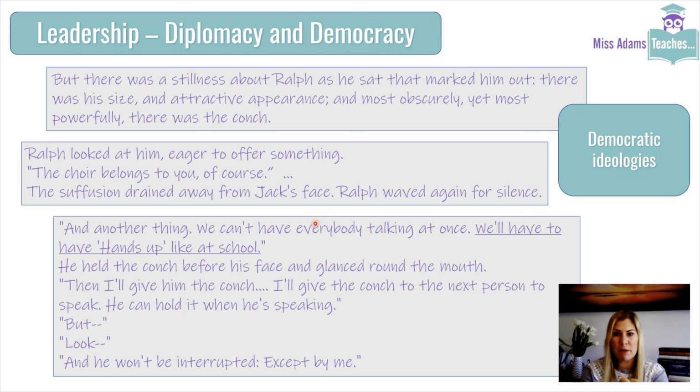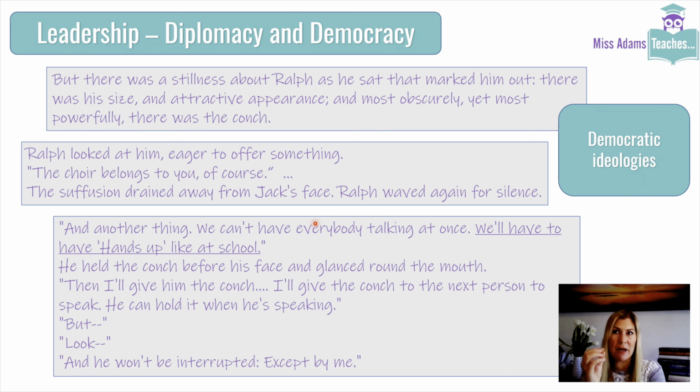Further kind of democratic ideologies being mirrored in the boys' behaviour is the way that they consider how they will speak. So we start off Ralph drawing upon what he knows, which is school. So we'll have hands up like at school. But then the conch comes into power. Then I'll give him the conch. I'll give the conch to the next person to speak, and he can hold it when he's speaking.